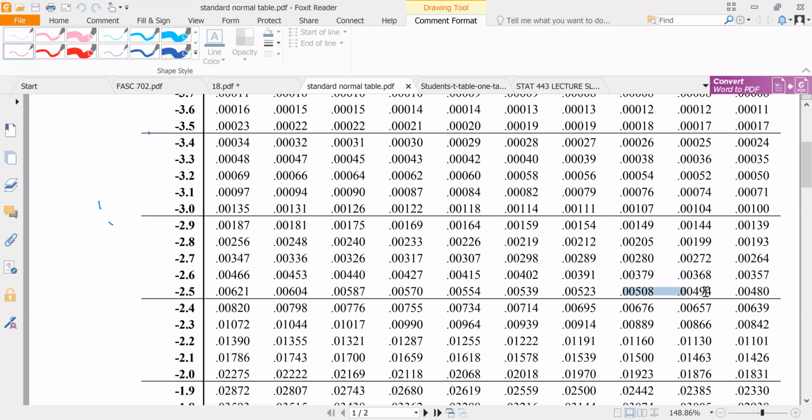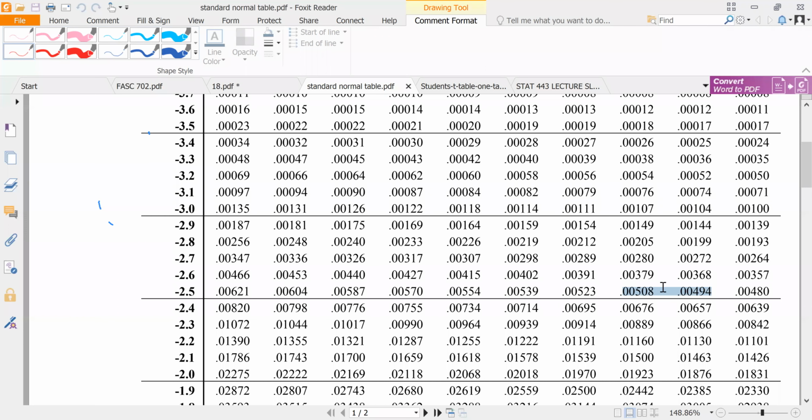0.005. Please note these two values. Between these two values, we have a probability of 0.0025, or rather 0.005.